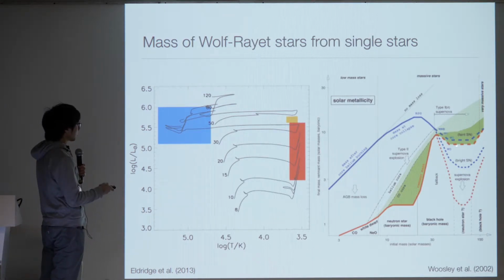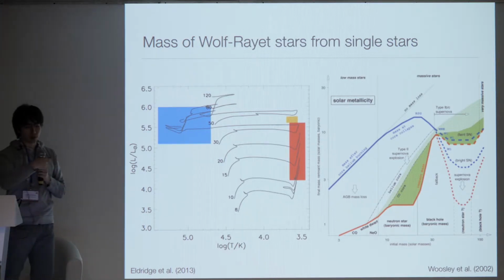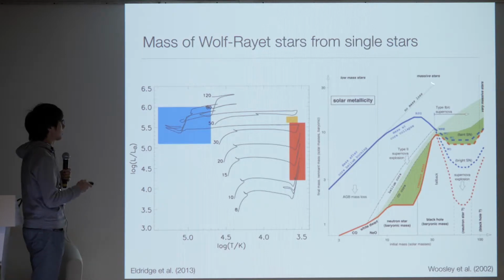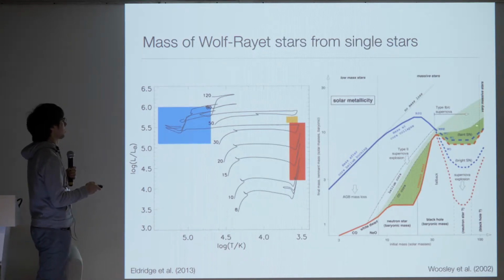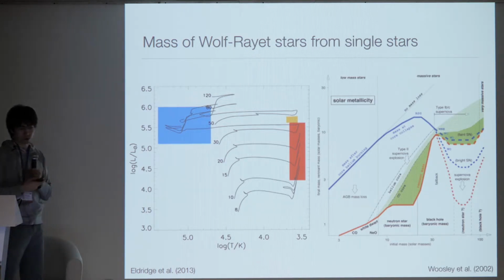This mass loss, if you only have a single star progenitor, is caused by the radiation-driven wind. That's why you only get a hydrogen-free star from the very massive stars, because they are bright and have more radiation to push the outer layers.